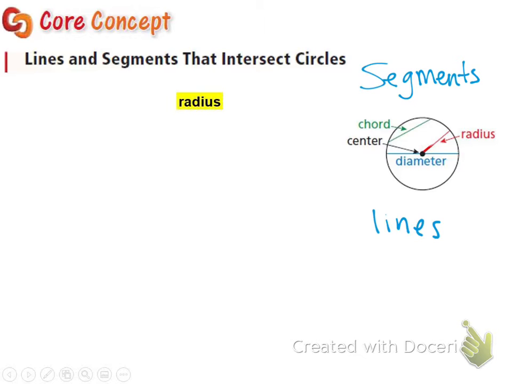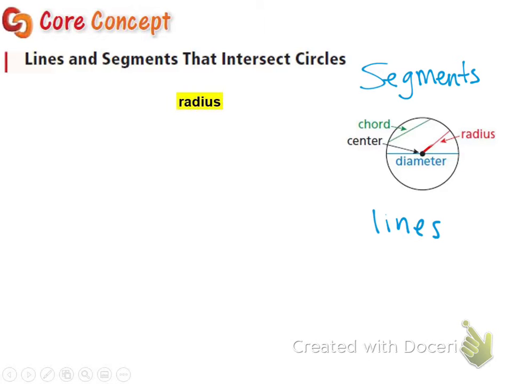So you want to label radius, and then I will tell you what to write under it. I'm not going to have you write the textbook definition because I don't think it's helpful. A radius is a segment that goes from the center to the edge. So you want to write that down.